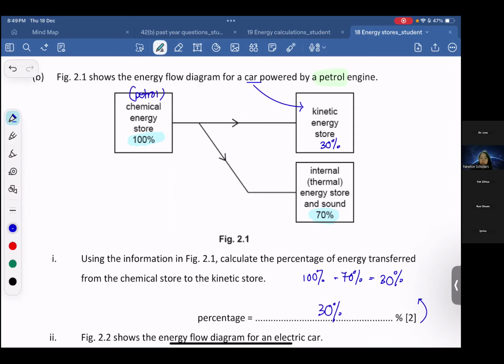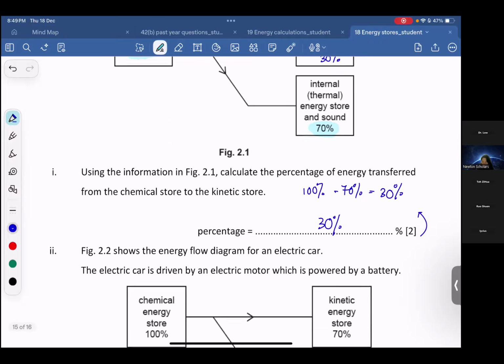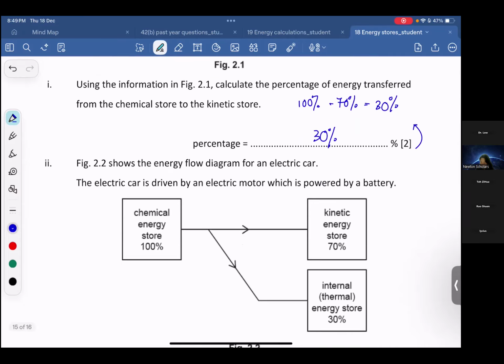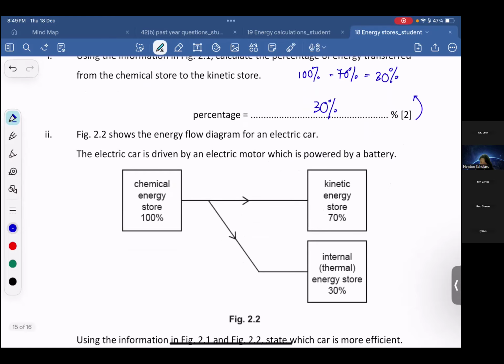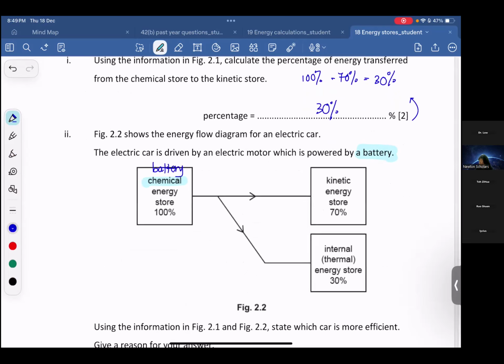Megan, correct. Okay, this is the energy flow diagram for an electric car. The electric car is driven by an electric motor which is powered by a battery. That's why here is chemical also, because of the battery. Then we have kinetic energy and internal thermal energy.